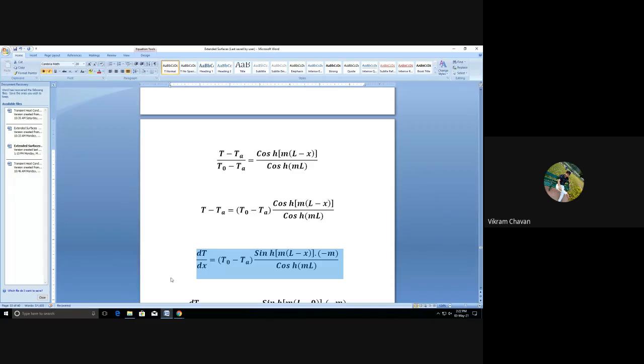And once again we have to take the differentiation of m(L minus x). So m multiply by L differentiation will be 0 and minus m multiply by x differentiation will be minus m. So sinh of m(L minus x) multiply by minus m divided by cosh of mL.